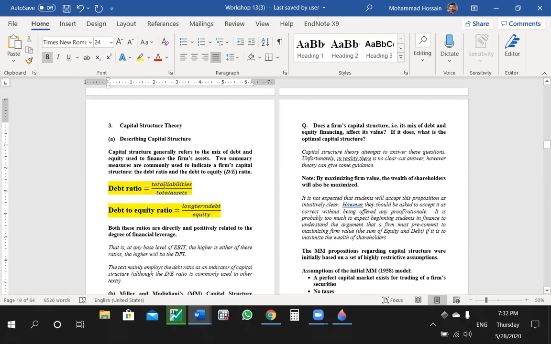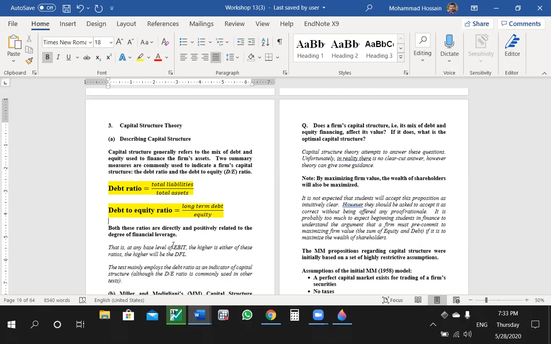In this case, when you talk about capital structure, it generally refers to a mix of debt and equity. What percentage of your total capital is coming from debt, meaning taking a loan from a bank or wherever it is, and what percentage is coming from issuing your shares?